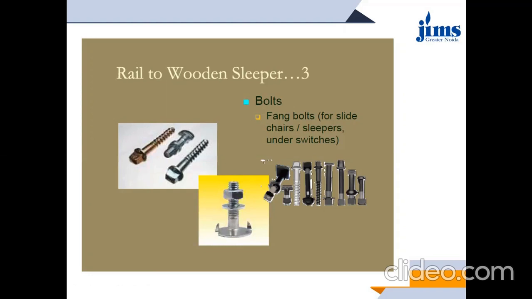In a similar way as those fangs in animals are used, over here also they serve the same purpose. When we tighten these bolts into the wooden sleeper, these fangs embed themselves in the wooden sleeper, and thereby they provide a better grip to the fastening, or fixture.